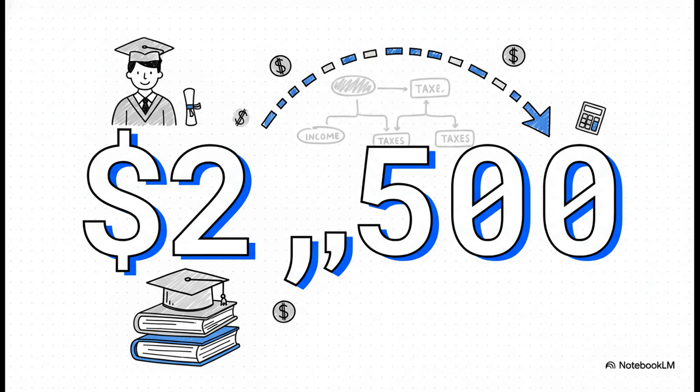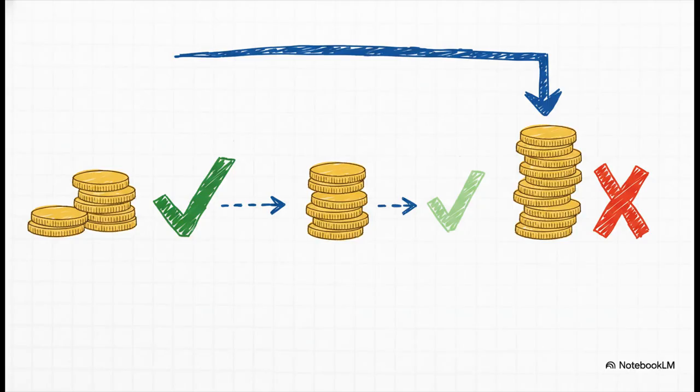Now, it's not unlimited, I know, but that can still make a really meaningful dent in your final tax bill. But, and this is a big but, there's a catch. This deduction is really designed for low to middle income folks. As your income starts to climb, the amount you can deduct starts to phase out, and eventually it just disappears for higher income taxpayers. So you always want to check the income limits for the current year.